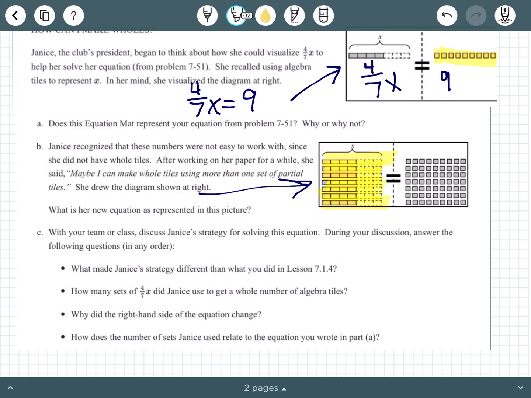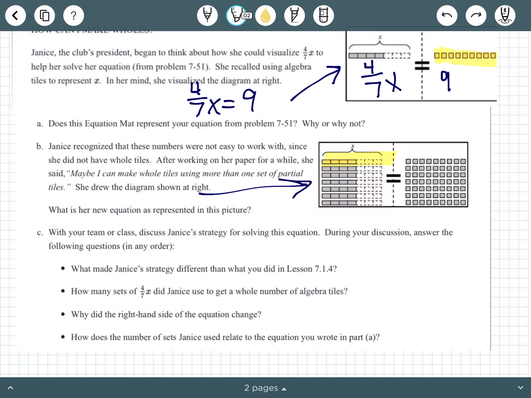So it looks like she multiplied by 7 on the left. Now let's see if she did that on the right as well. We have one group of 9s, 2, 3, 4, 5, 6, 7. So it looks like what she did was multiply by 7 on each side.